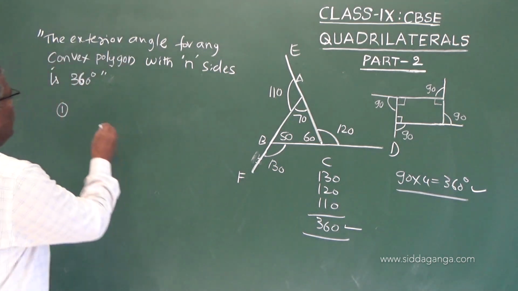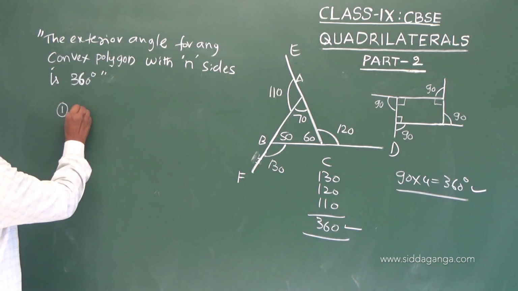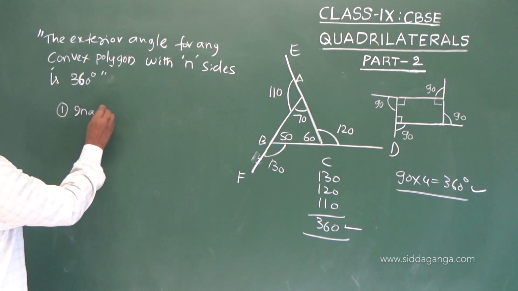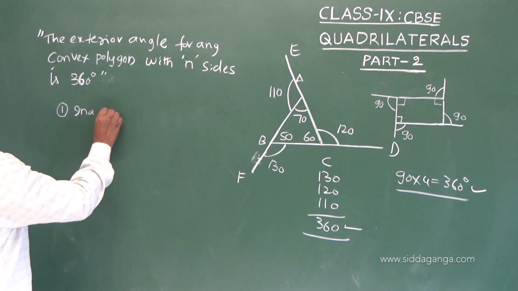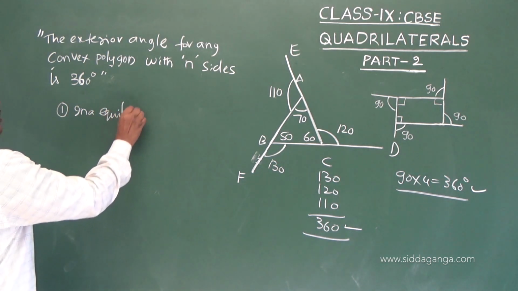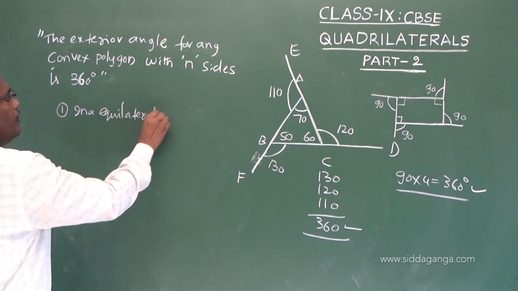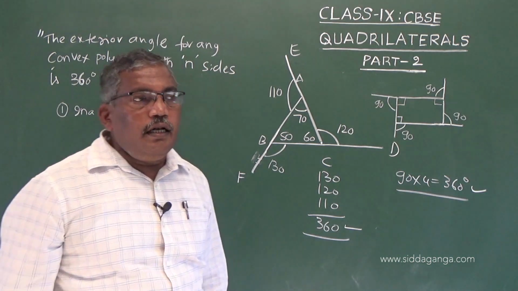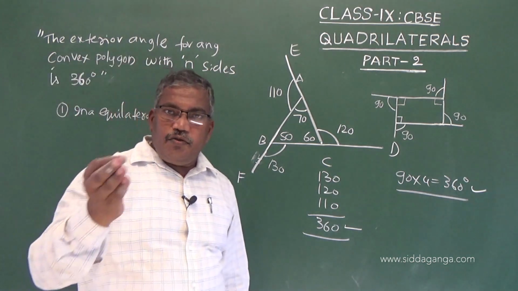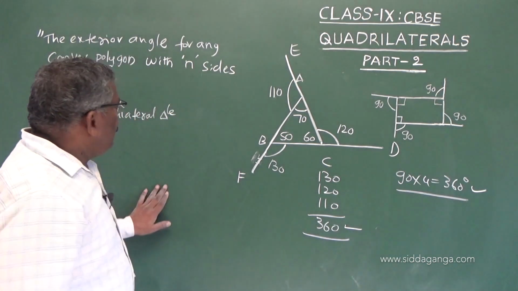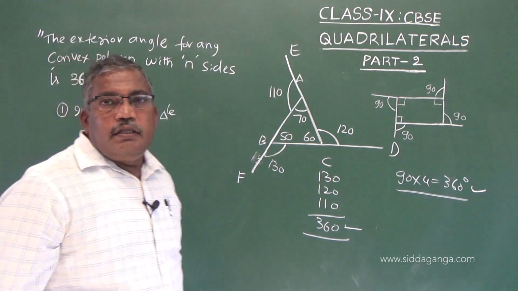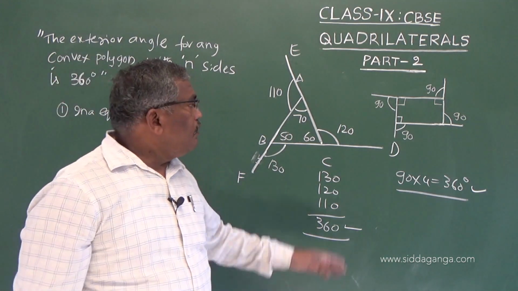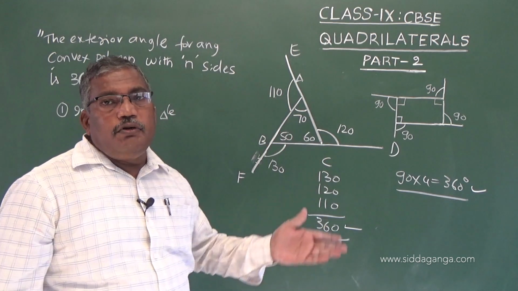For example, in an equilateral triangle, all interior angles will be 60 degrees. So the exterior angles will be 180 minus 60, which is 120 degrees. Each will be 120 degrees.